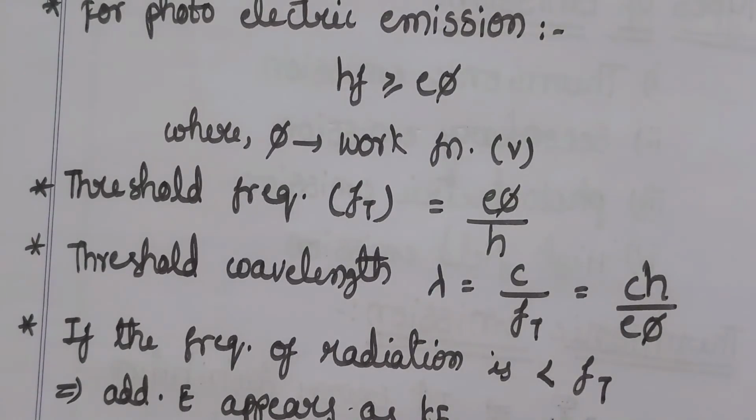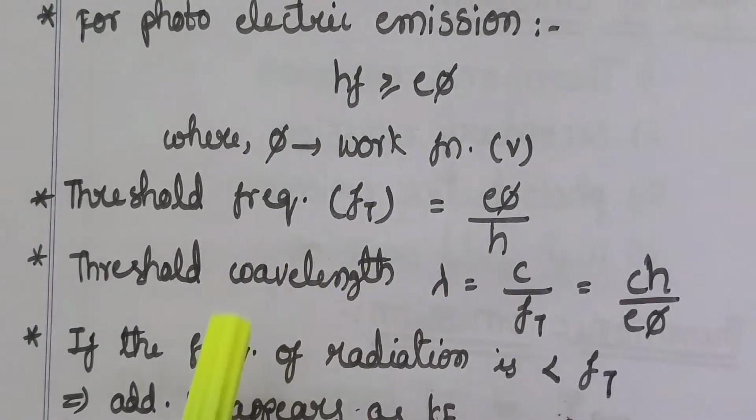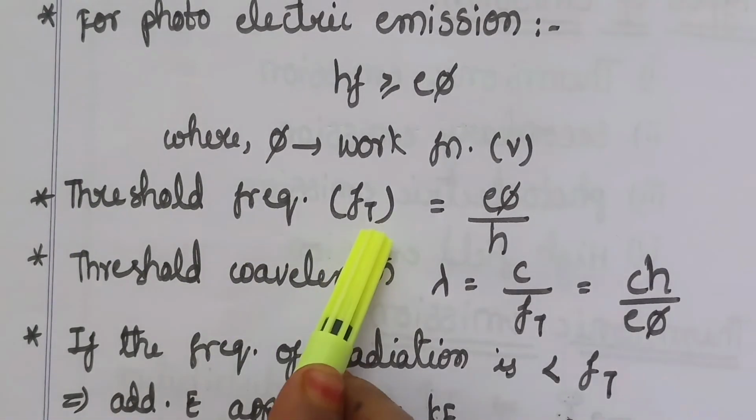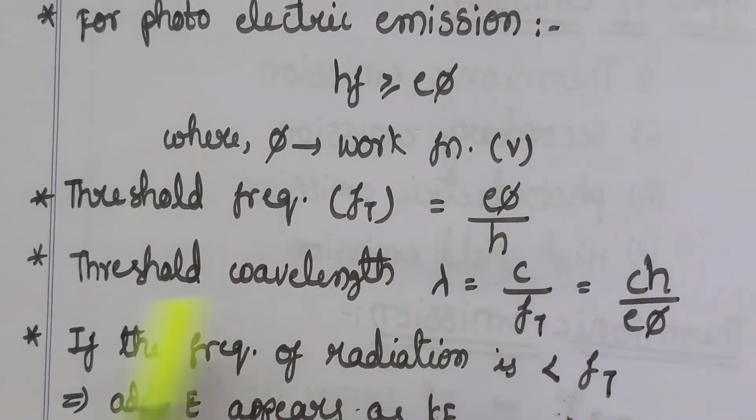That means the energy of the photon must be at least equal to the work function of the metal. The minimum frequency that can cause photoelectric emission is called the threshold frequency, denoted by Ft, which is equal to Eφ by h, and the threshold wavelength λ is equal to C by Ft, which is equal to Ch by Eφ. If we substitute Ft, we get this equation.